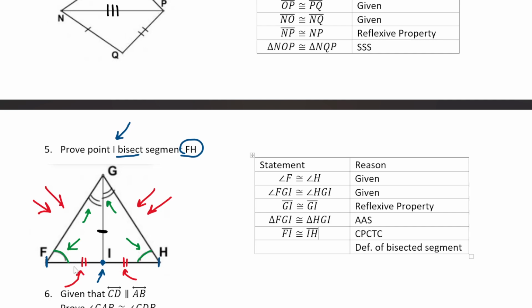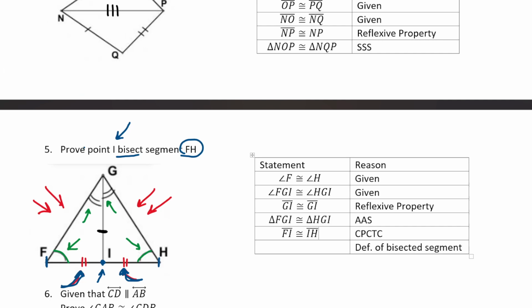And the only way to prove that it's cutting it in half is if we can prove that this half is the same as this half. And because we have shown that FI, which is this half, is the same as HI, which is this half, that means that point I bisects segment FH.